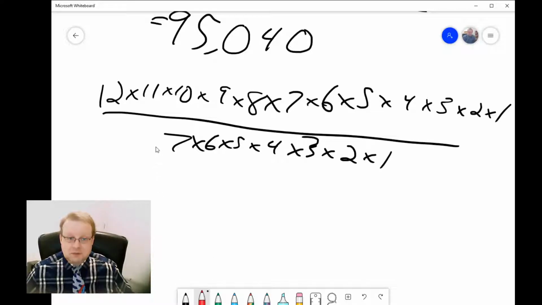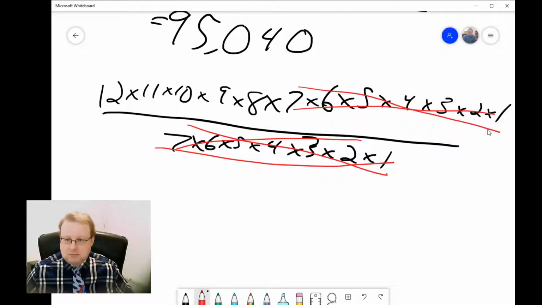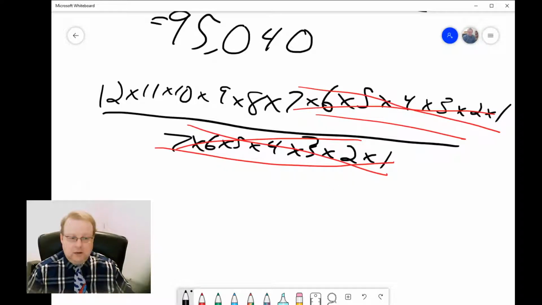That would give us the same result. We could cancel out those 7 in the denominator and those matching 7 in the numerator. And this is the definition of the permutation we're looking for.